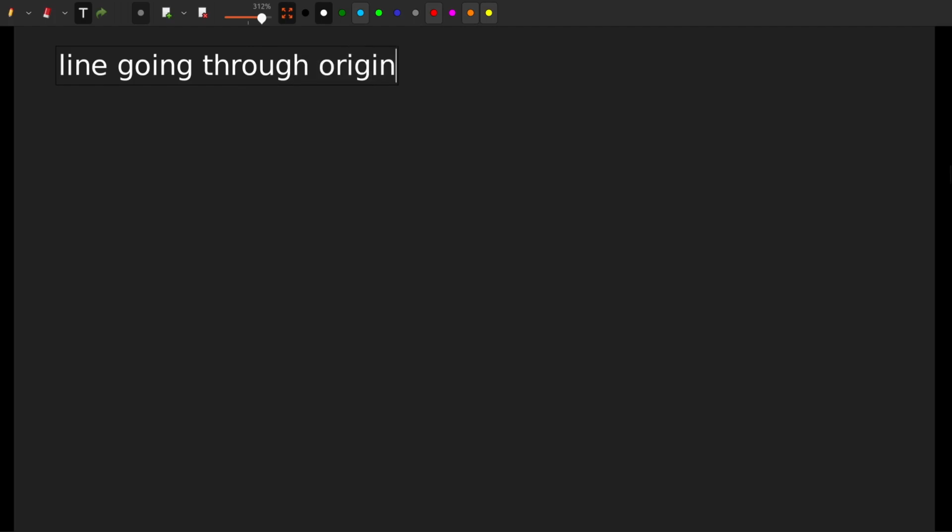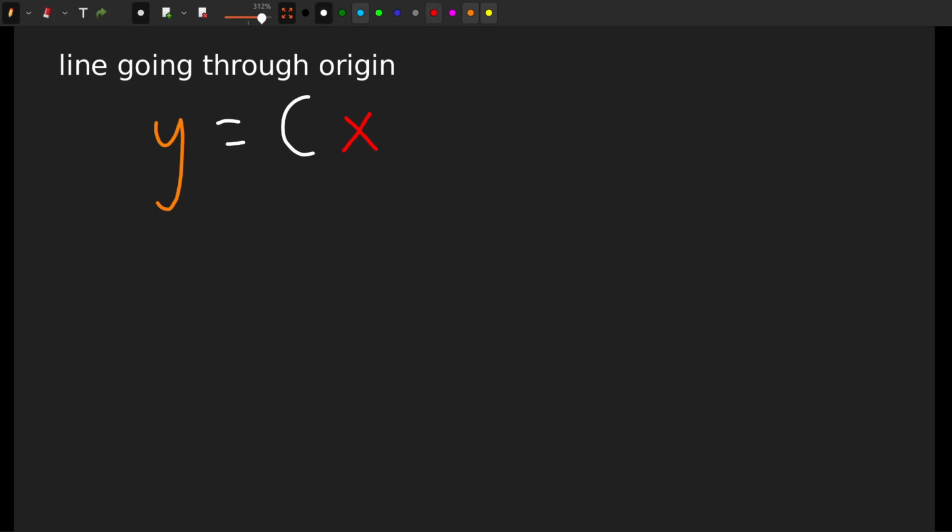Technically, it does not have a formal name. I tend to call them origin lines, but that's not formal. It's really just a line going through the origin. There's nothing too fancy about it, but it looks something like this. Y is equal to cx, where c is a constant.